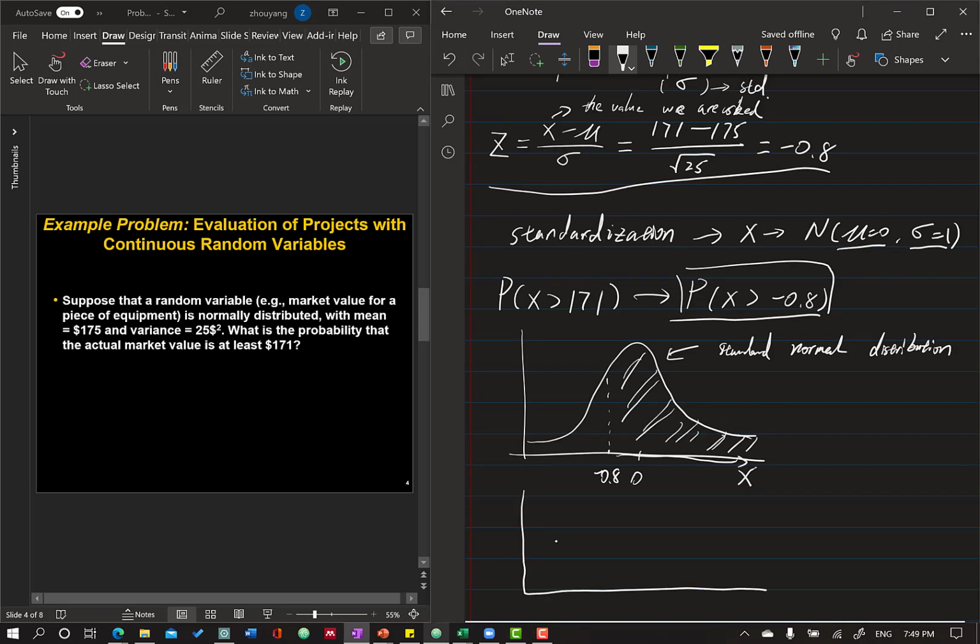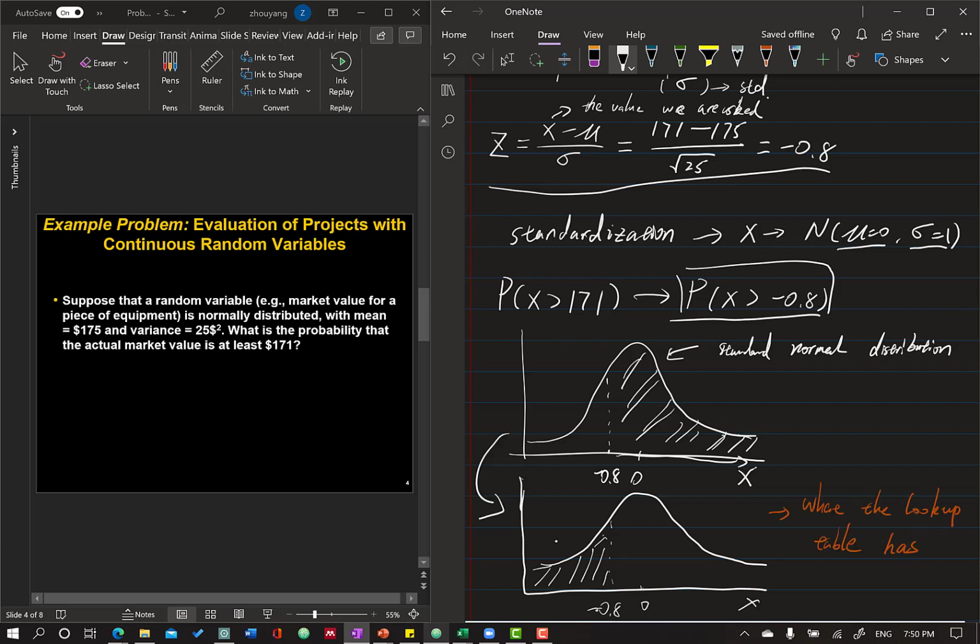But the tool we want to use from the appendix, like any normal distribution lookup table, gives us the shaded area below the associated value, so in this case, below minus 0.8.